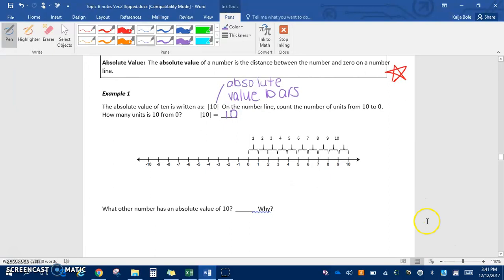But then down here it says, what other number has an absolute value of 10? We're asking, what other value, let's write this down, other value is 10 units away from 0.